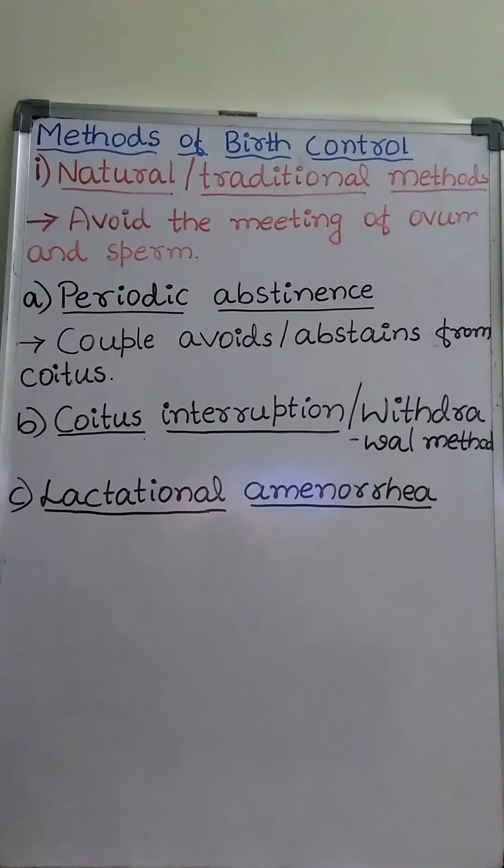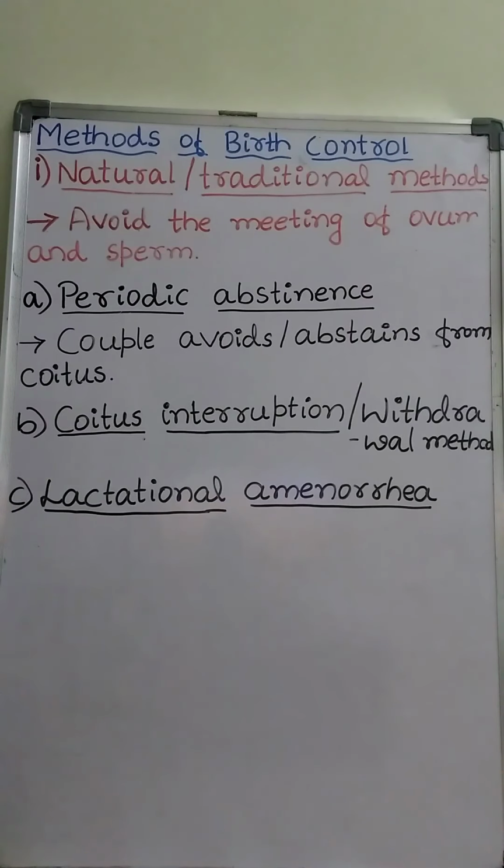If sperm enters the vagina during sexual intercourse at this time, it will not lead to fertilization, because in the mother's body the egg will not be released, and there will be no formation and maturation of egg during the lactational amenorrhea period.